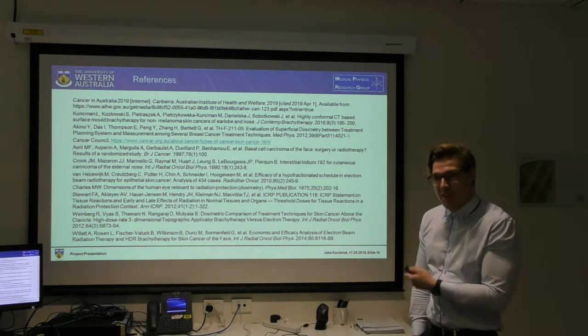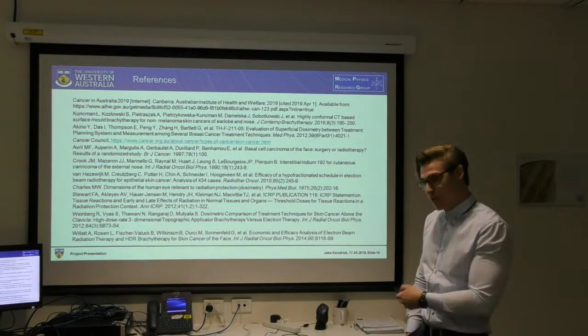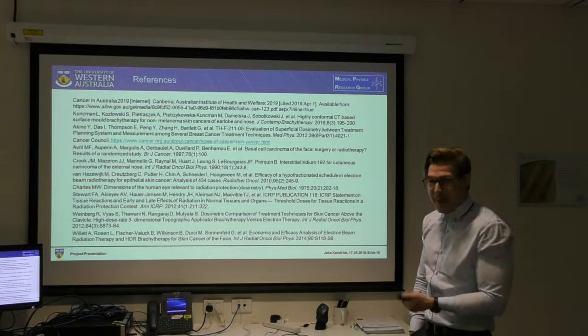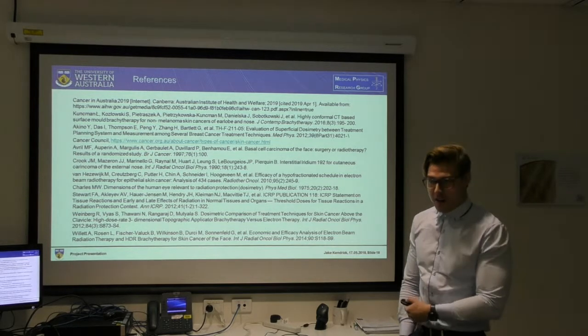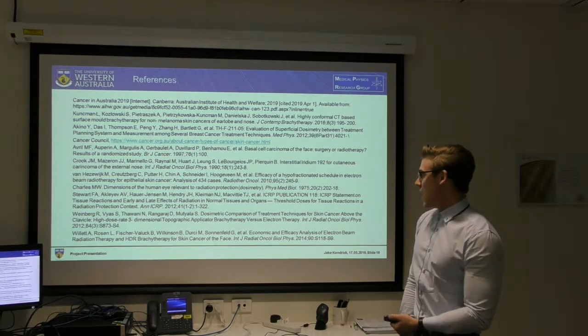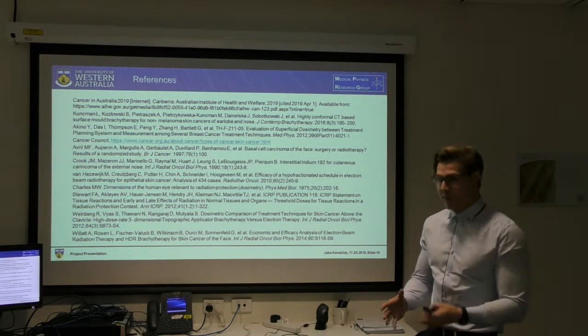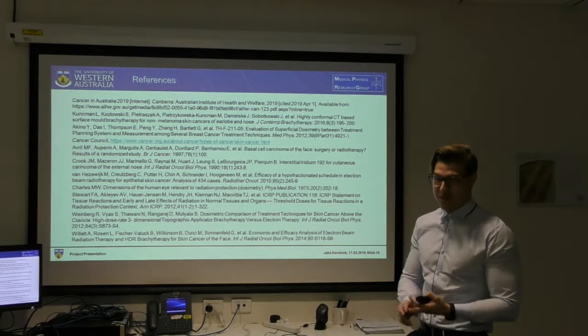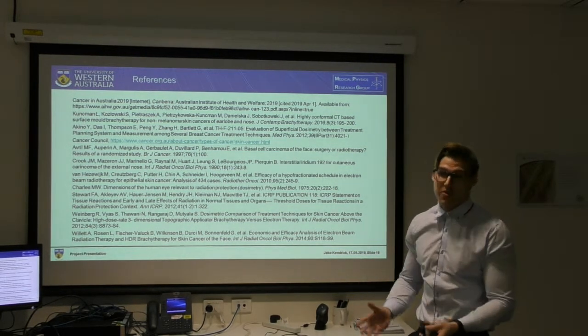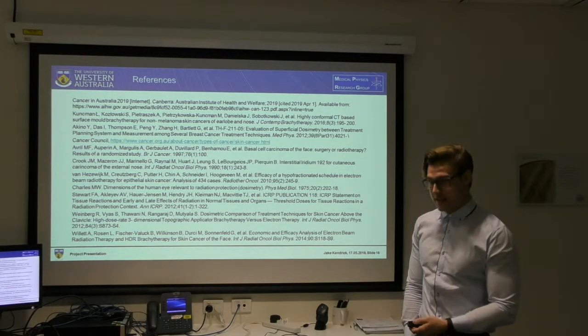We're mainly focusing on the lens, so that's the primary outcome. It can always be extended to other parts of the eye, as there are obviously a lot of other critical organs in the eye that need to be considered. But the main focus is performing the 3D dose reconstructions for the lens and seeing which of those methods minimises the dose for the lens.